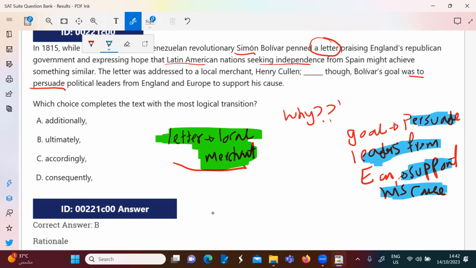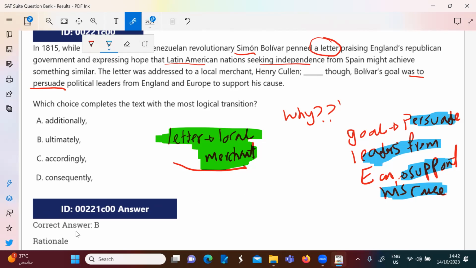We have here consequently, accordingly, additionally for addition. Accordingly and consequently, I believe that they are copycats. They are similar to each other, and both of them may reflect a cause and effect relationship, which can work here.